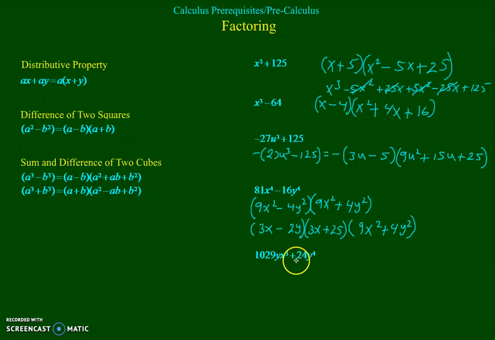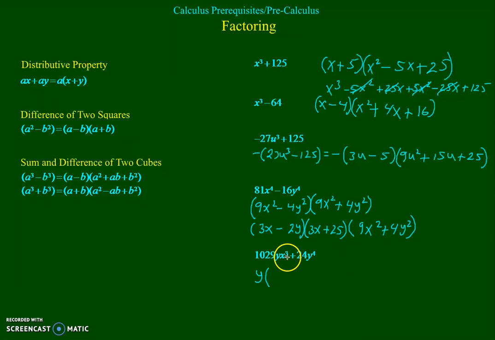And one last example down here. This is going to be kind of a funky one. Now sometimes you have to use some pretty good introspection skills. But the first thing is look at what's common. Well, clearly both of these have a y term. So I'm just going to pull out a y first of all. And the second thing is to see if there's anything common here.